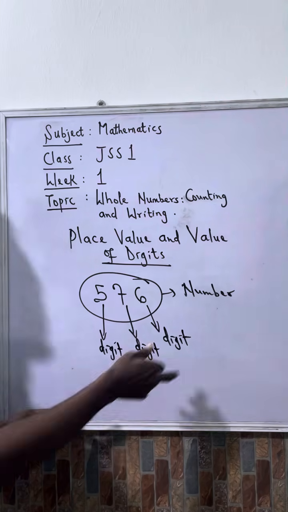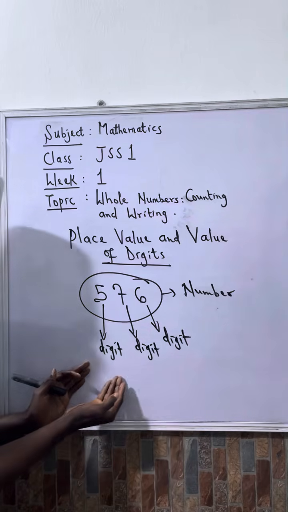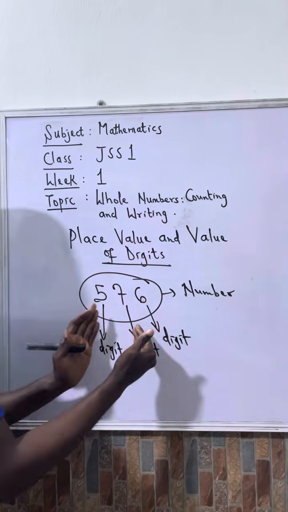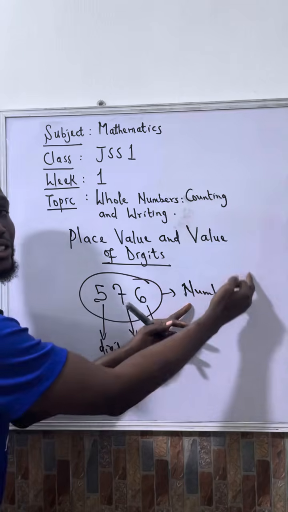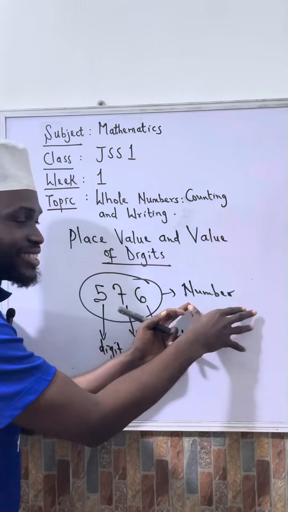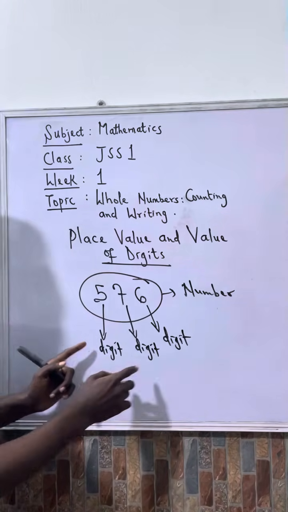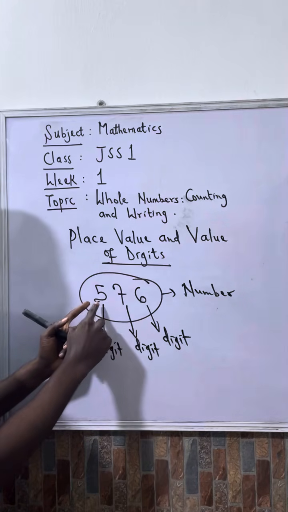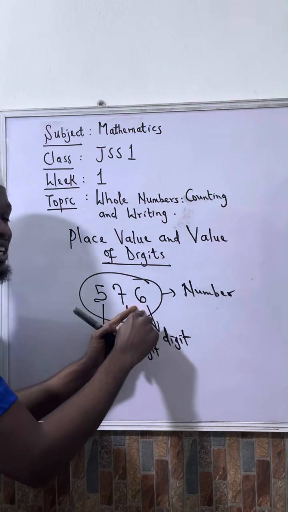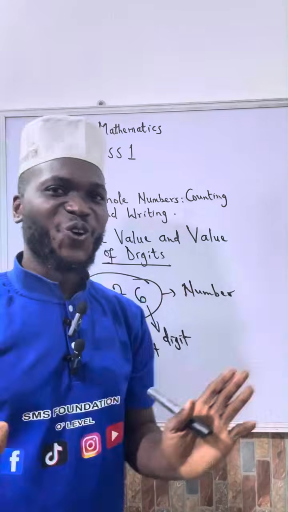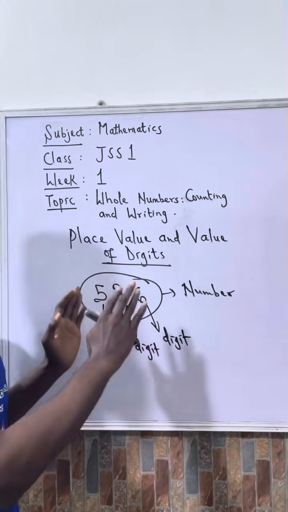So in this number, we have 3 digits. The combination of these 3 digits gives us the whole number, the entire number, 576. That is very good. So you need to know the difference.